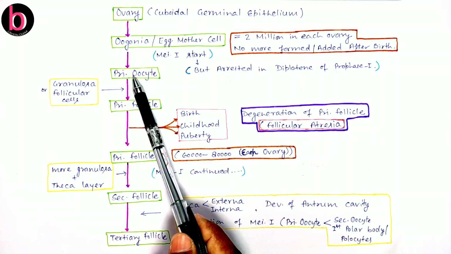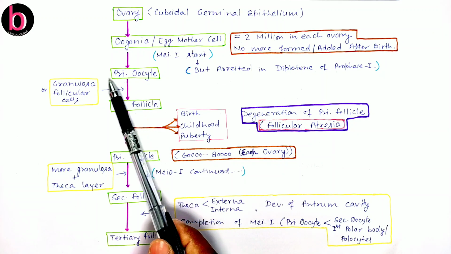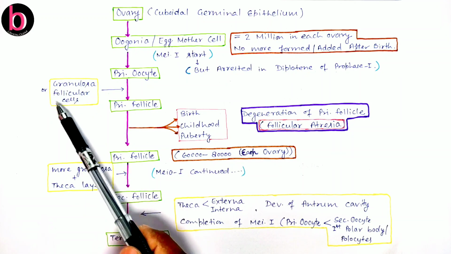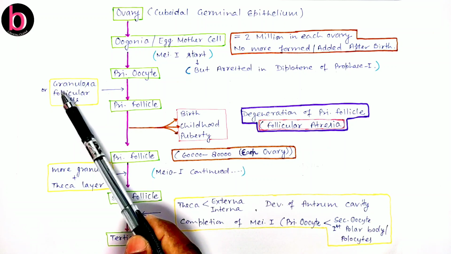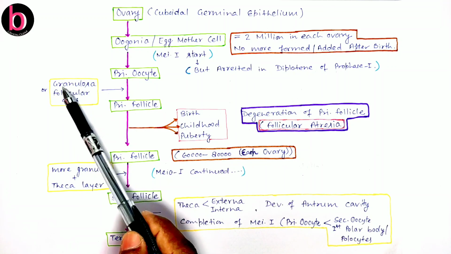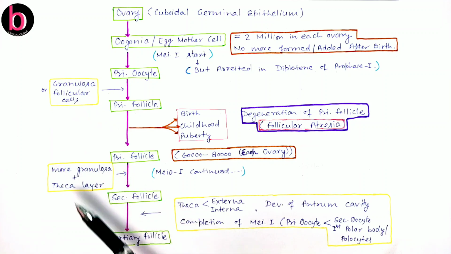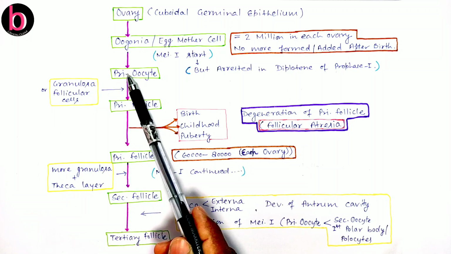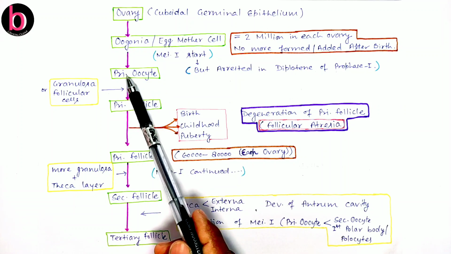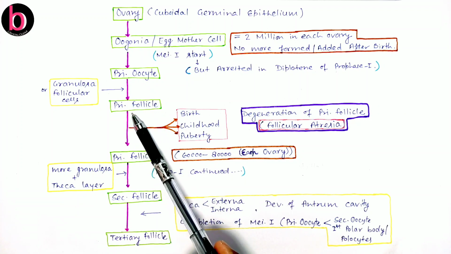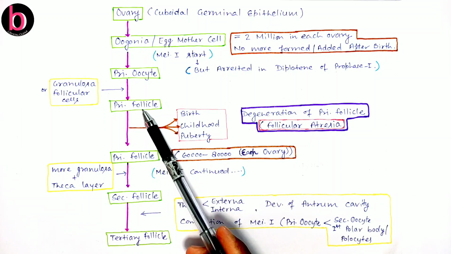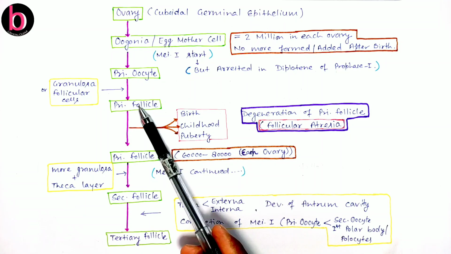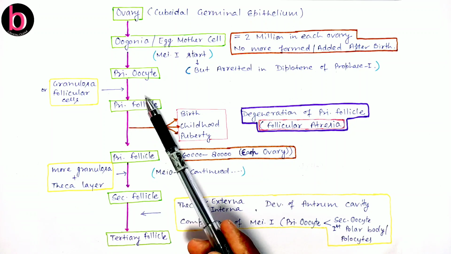This oocyte later gets covered by a number of granulosa or follicular cells. These are also present in the ovarian cortex, the outermost part of the ovary. So these cortical cells get covered around this primary oocyte, and then the structure is considered a primary follicle. This primary follicle is formed in the respective female before birth.